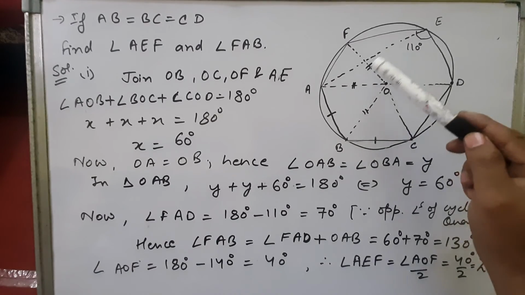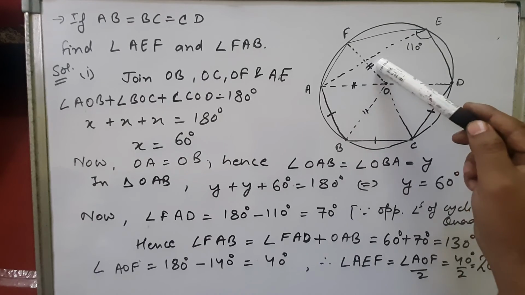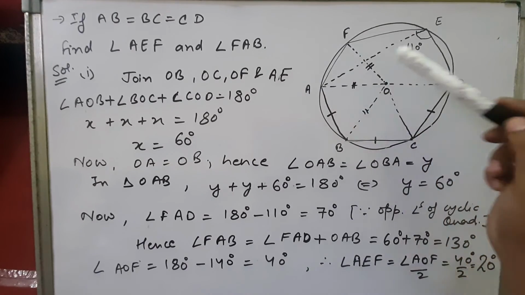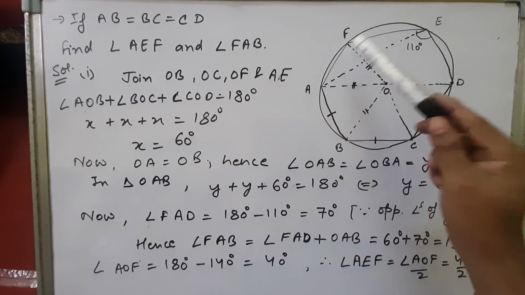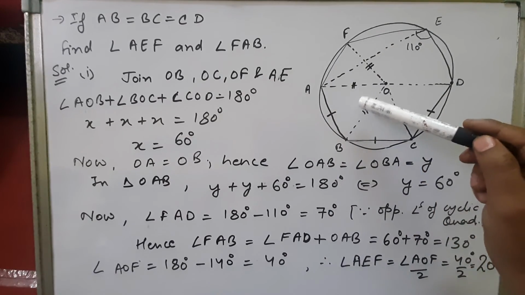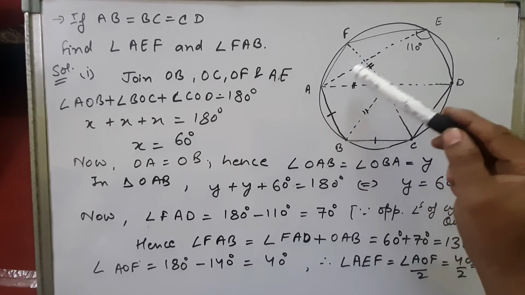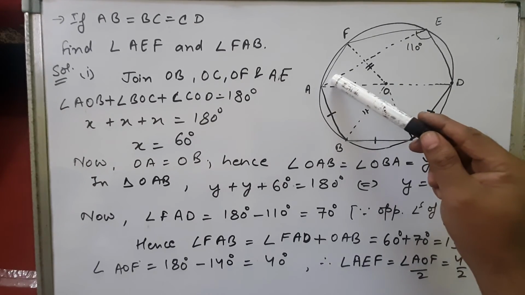Now in triangle OAF, these two again are the radius of the circle. So this angle and this angle will be the same. That means angle OAF is equal to angle OFA. Okay. Now the value of this angle is what? 70 degrees. Why?